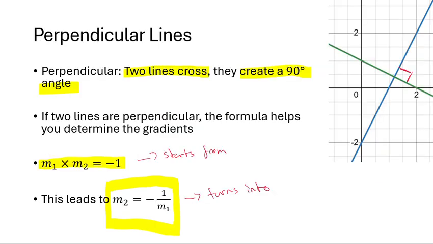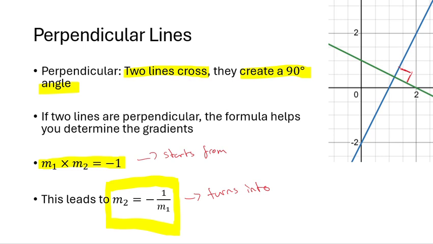For perpendicular lines, you just need to know that when two lines cross and create 90 degrees, that's what we call perpendicular lines, okay? There's a formula that we use to help us find the gradients of perpendicular lines. I have m1 times m2 equals negative 1.